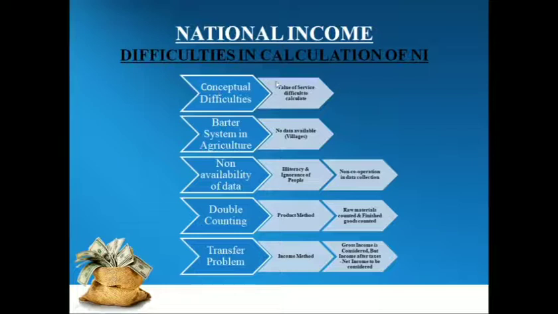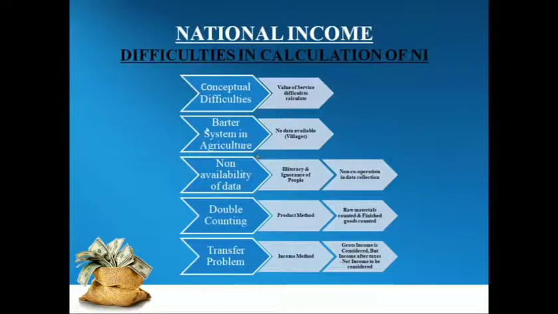Goods are easy to measure, while services are difficult to calculate and not easy to measure in terms of money. The conceptual difficulty of defining what a service is and giving a value to it is a very important difficulty in calculating national income.